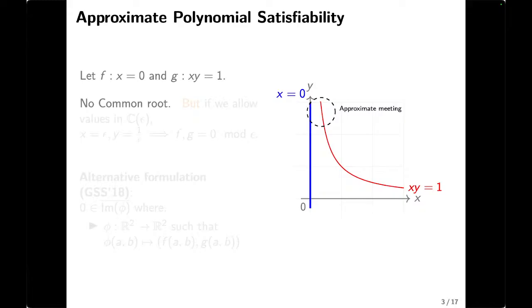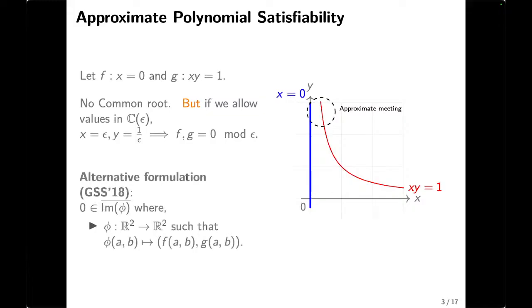We can capture this notion if we allow the input variables to take values in some field C(epsilon), where epsilon is an arbitrarily small parameter. For instance, if we set x to epsilon and y to 1 by epsilon, then both f and g are order epsilon polynomials, and hence they are 0 mod epsilon.